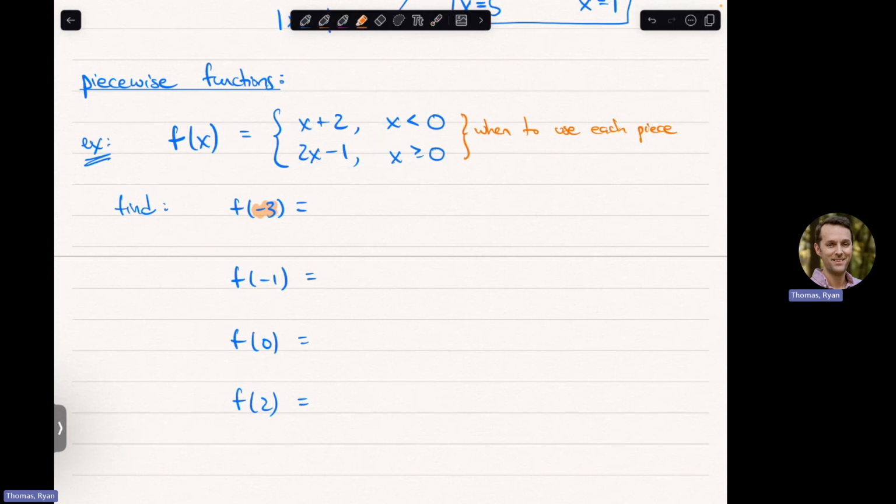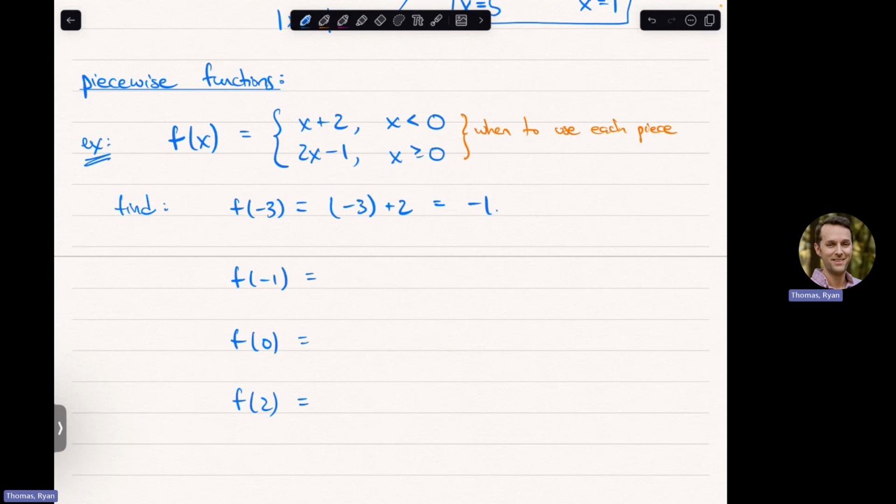Okay, if x is -3, -3 is smaller than 0, so I use this, and I plug in, and I get -3 plus 2, which is -1. And that's it. I don't use the other piece of the function at all, because the value that I started with, -3, doesn't fit into this. So I just sort of ignore that that's even there, and just evaluate using the first line, the first piece.